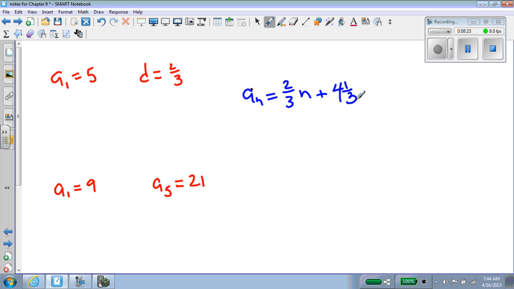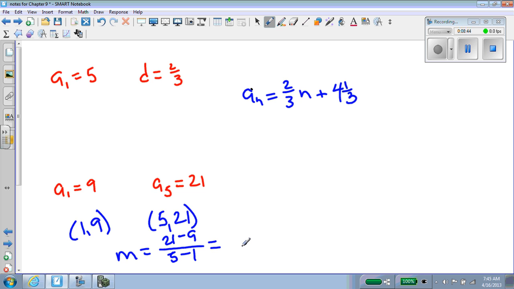I'm going to go forward and say, well, if it's a lot like linear equations, then this is like the point (1, 9), the first term is 9, and this is like the point (5, 21). So if I treated it like a line, the slope would be 21 minus 9 over 5 minus 1. So that would be 12 over 4, so 3, which means the common difference is 3. A sub n is equal to 3n. And if I'm adding 3 to go forward, I would subtract 3 from the first term. Oh, plus 6. Here we go.